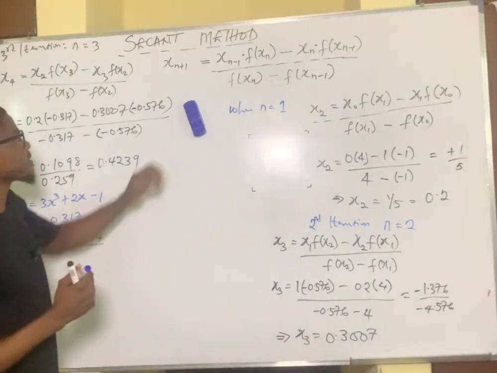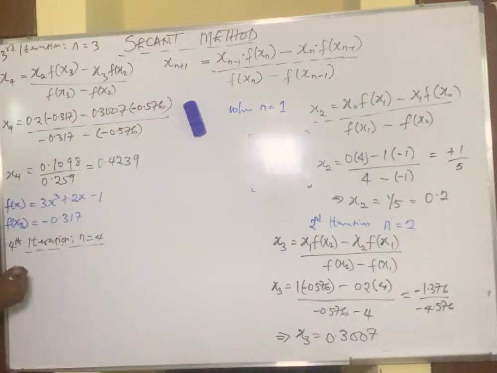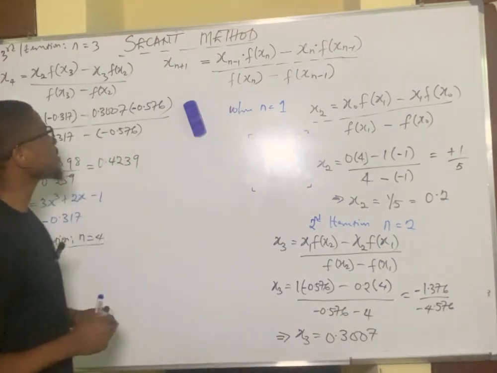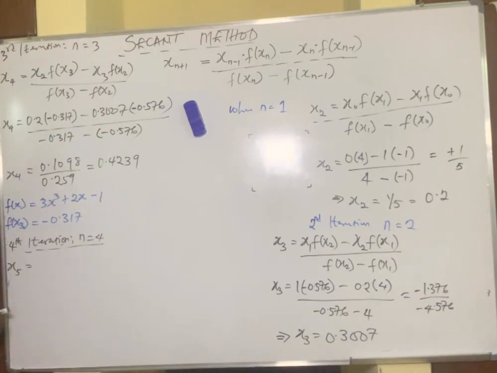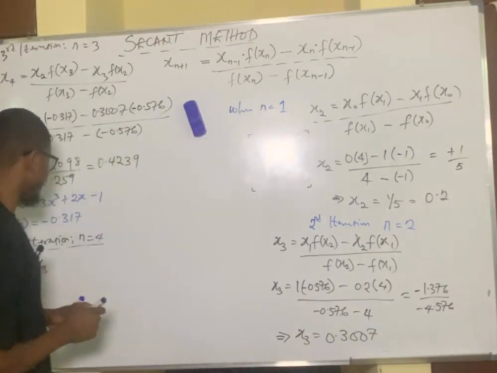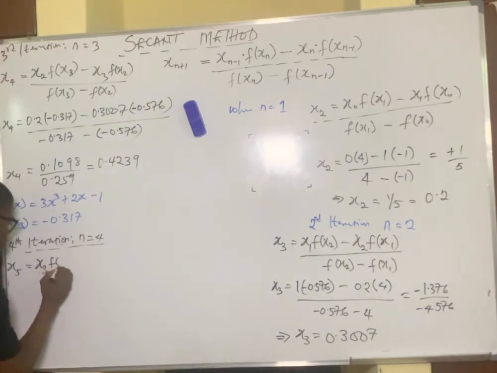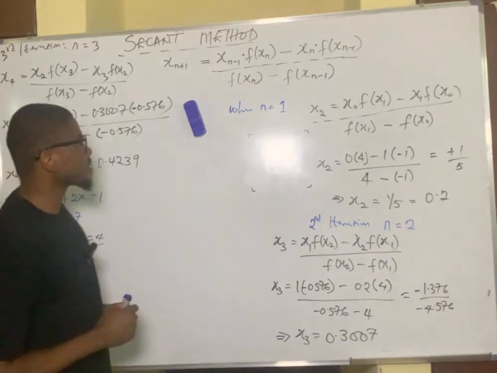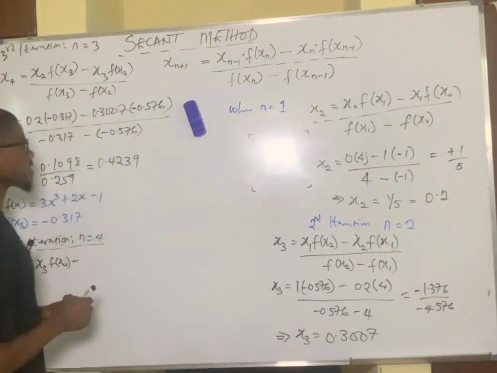So you already know how it works. N plus 1 becomes 5, right? So that gives us the fifth root. X5 is going to be equal to, so you have xn minus 1, that's 4 minus 1, which is x3, multiplied by f of xn, so f of x4, minus, you have xn multiplies xn minus f of xn minus 1.